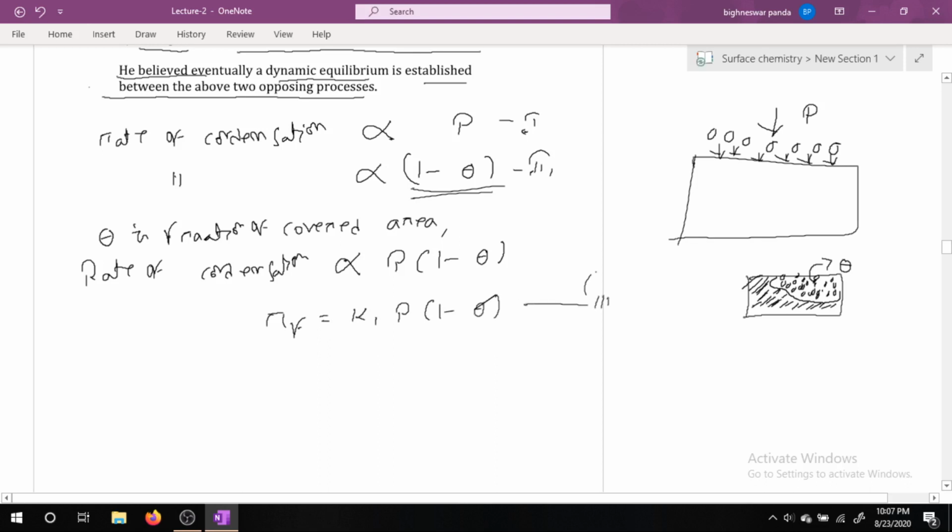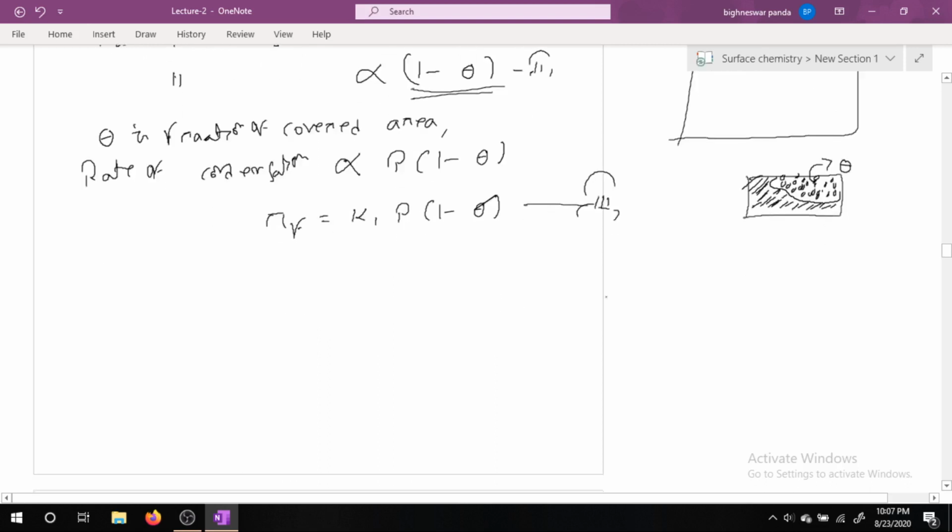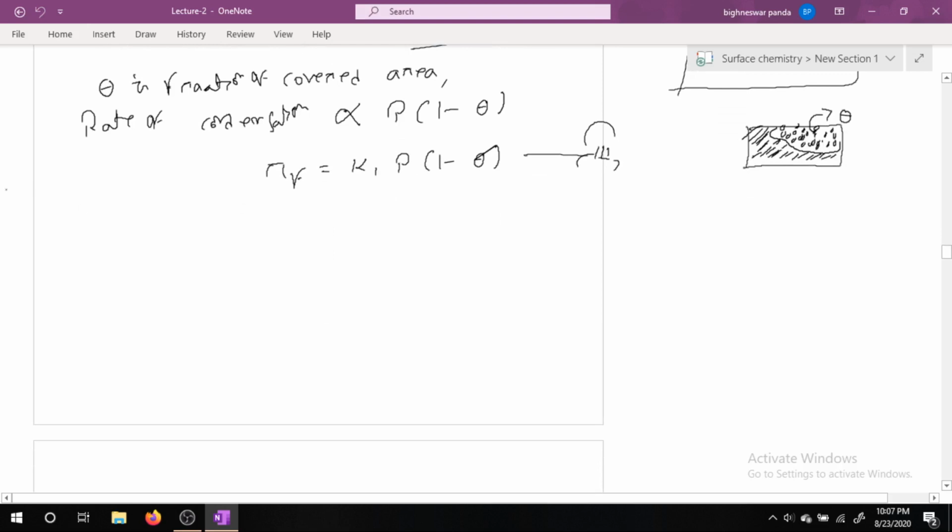This is equation 2. Similarly, rate of evaporation depends upon adsorbed sites, or theta, the fraction of area covered by the gaseous molecules. Rate of evaporation is directly proportional to theta. So RB is equal to K2 into theta.